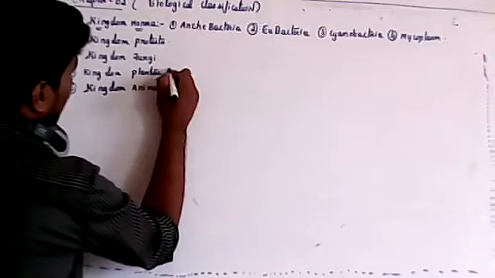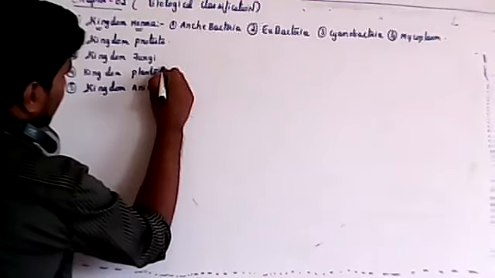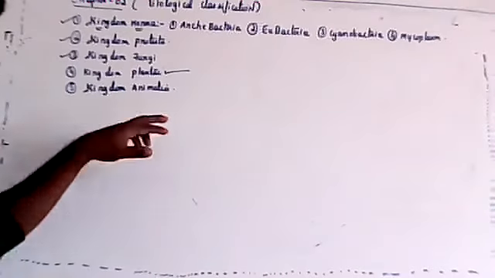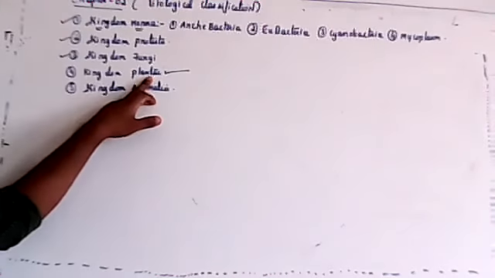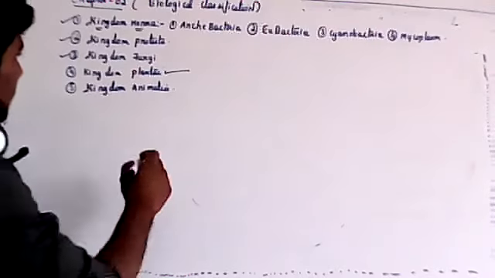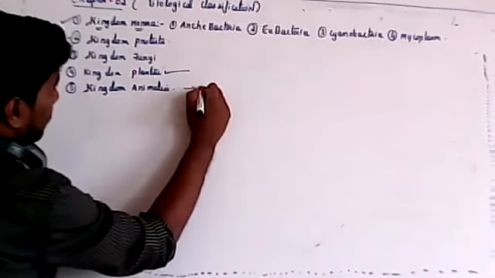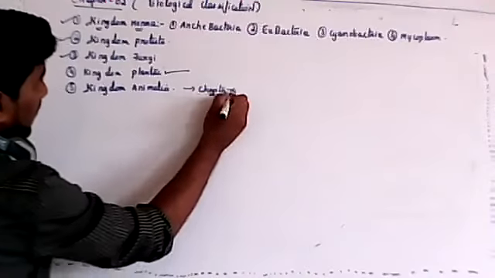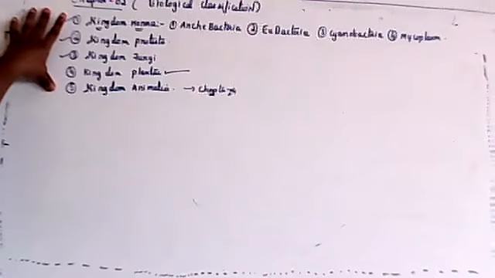Plantae is already over in the third chapter, as we just completed algae. There is not much information on kingdom Plantae in this lesson. Kingdom Animalia is chapter 4, given in detail. This is the five kingdom classification which belongs to R.H. Whittaker.